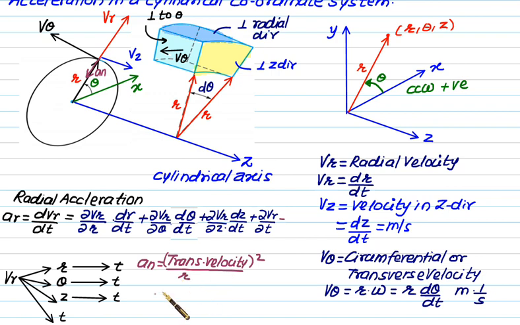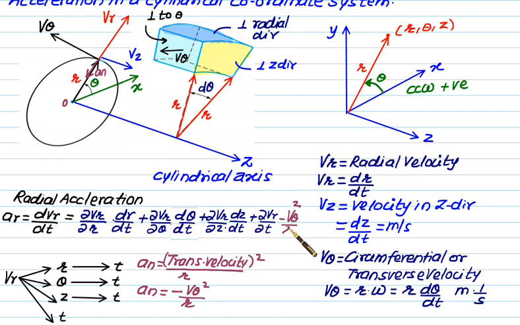That is an. As per sign convention, we will take it negative because it is directed towards the center. So it is negative v theta square divided by r. So this extra term we have to add here. So it is minus v theta square divided by r.